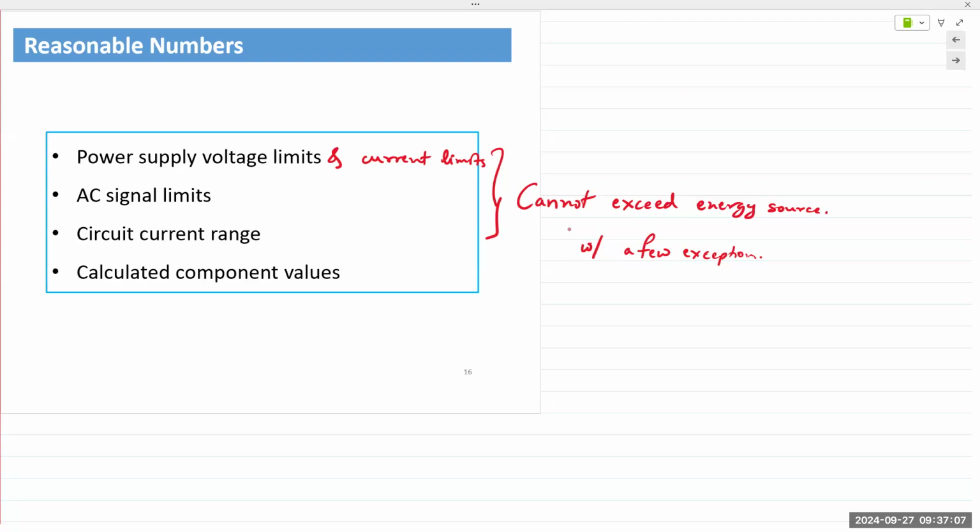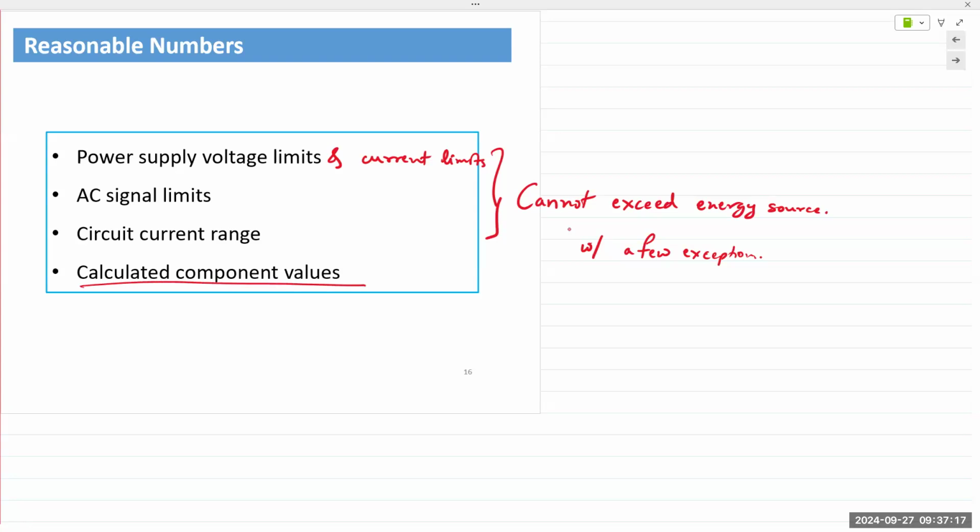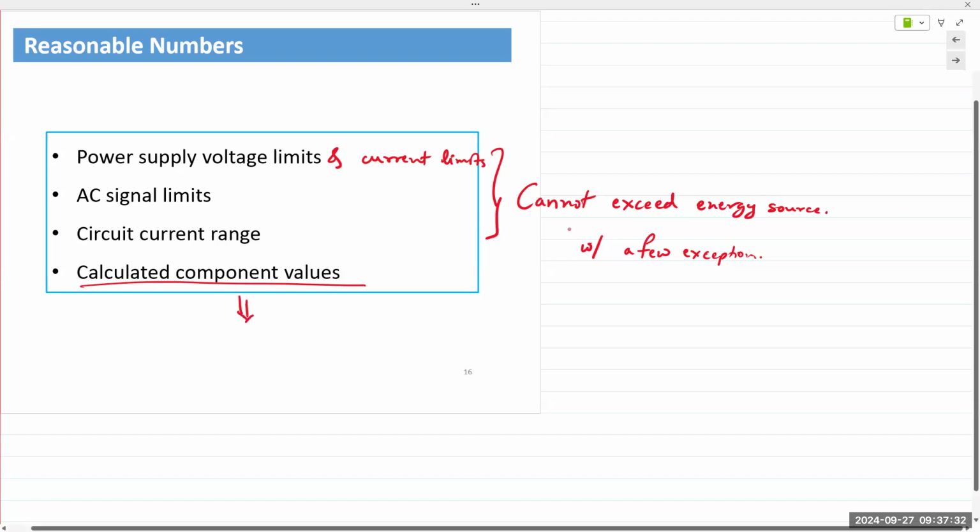Questions? No, we're doing on time, 9:37. Calculated component values: with a few exceptions, generally speaking, if you calculate any quantity, whether it's a voltage or a current, or a resistor perhaps in your circuit, those should look reasonable to you in the sense that they should not be fantastical values. You would not expect to see kiloamps in a regular small circuit, right?